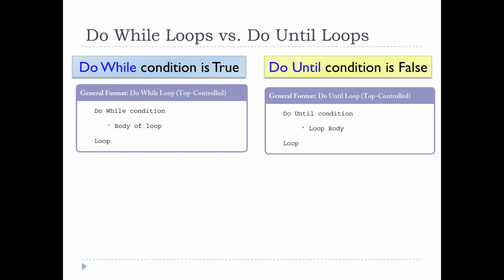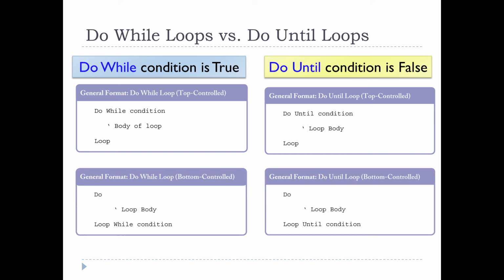You can use either one, but make sure that the condition is properly coded, otherwise you will get unexpected results. The do until loop I think is only available in Visual Basic. C and Java and most other languages do not have the until condition. They usually just have the while and the do while loop, but not the do until.